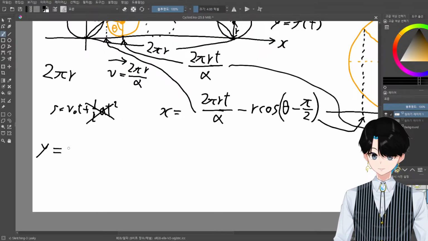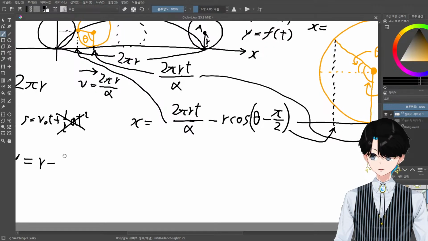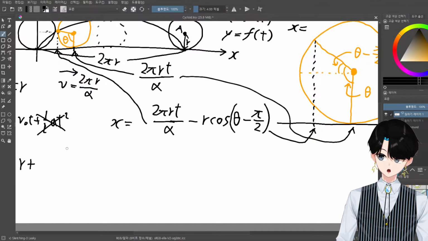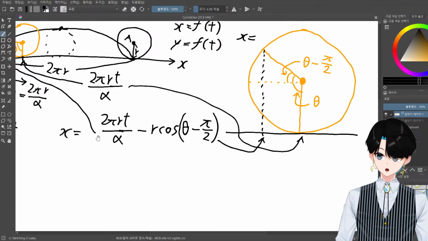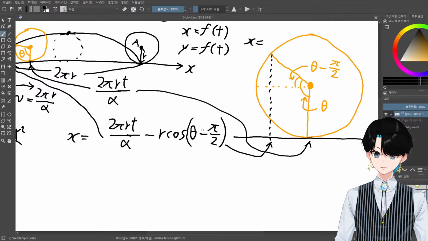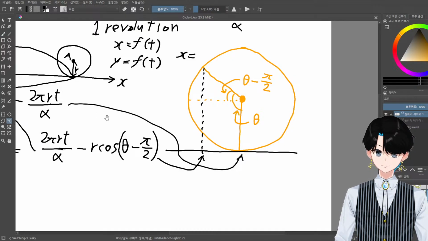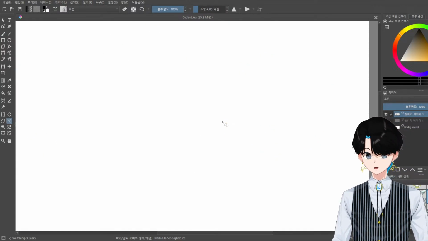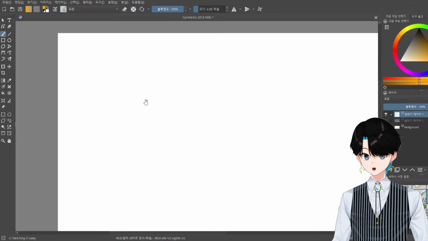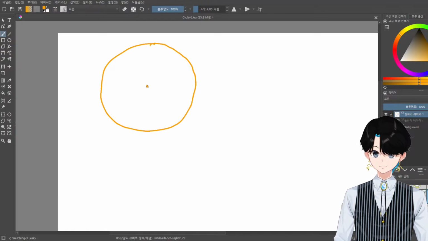Y value is R minus... no, just say R plus sine. You know what? I think I don't have to write it this way. What if it's looking like this?